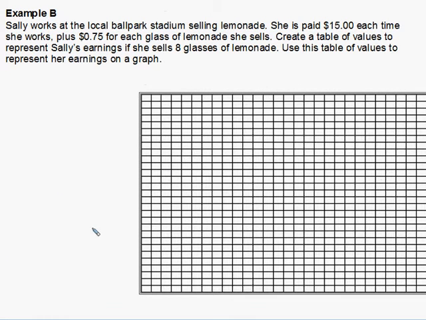All right, so Sally works for the local ballpark and she sells lemonade. And she is paid $15 each time she works, plus 75 cents for each glass of lemonade she sells. So we are going to create a table of values and then we're going to graph it. Basically, if we were doing an equation, she's going to have $15 as her flat fee, and she's going to have 75 cents per glass of lemonade.